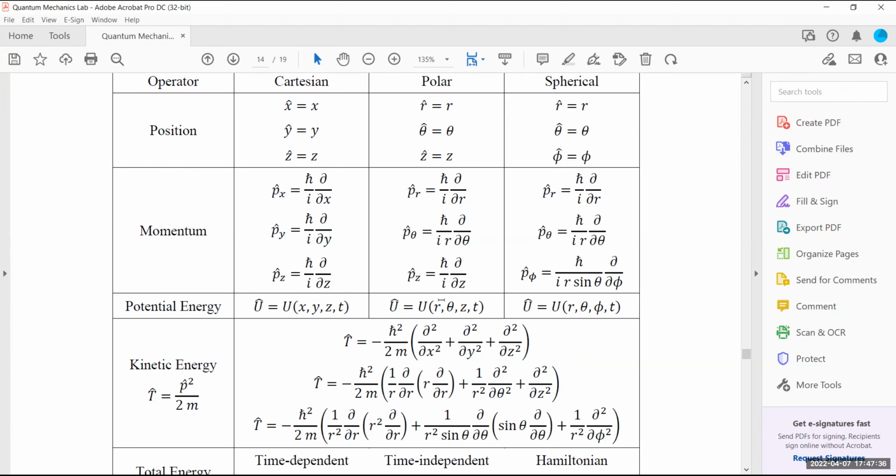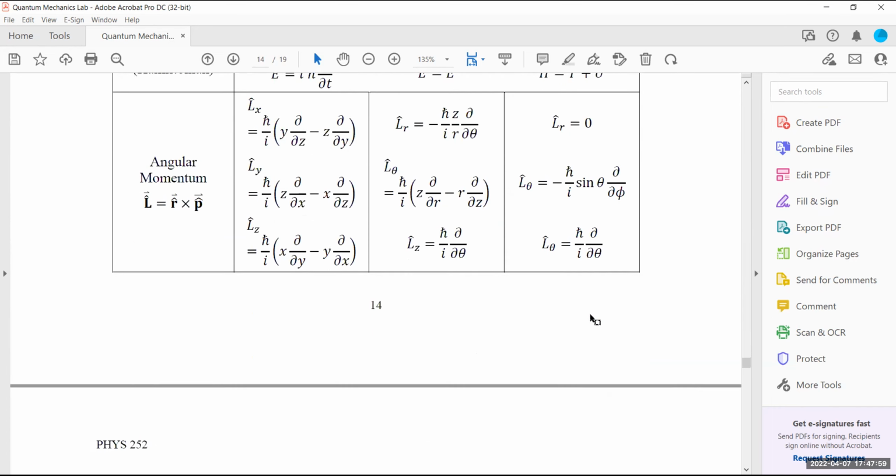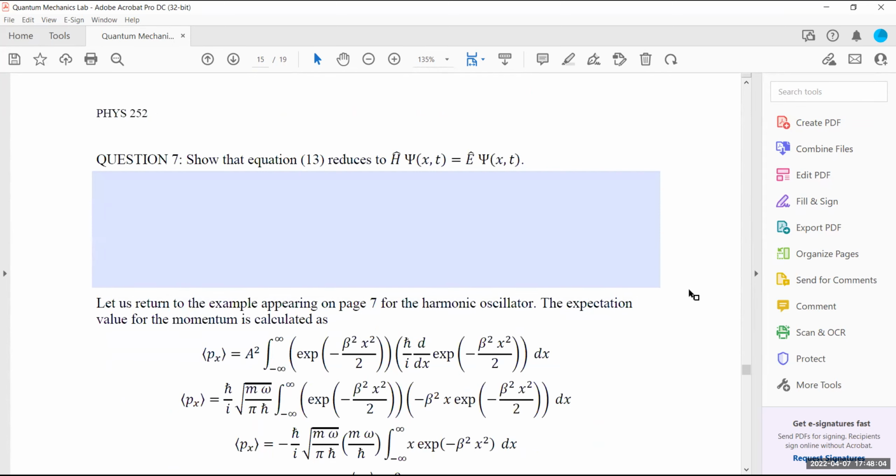Like in a magnetic field that changes with time, for example, when you're trying to find the coupling with the magnetic field, the splitting, the Zeeman effect, then that energy becomes time dependent too. So the potential energy and the others all become operators, but now instead of x, y, and z, you have r, theta and z, or you have r, theta and phi. Again, as I was saying, all of this discussion here honestly is not relevant for the rest of your lab. Okay.